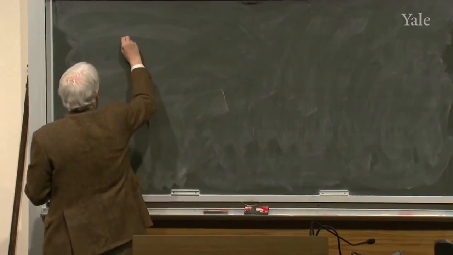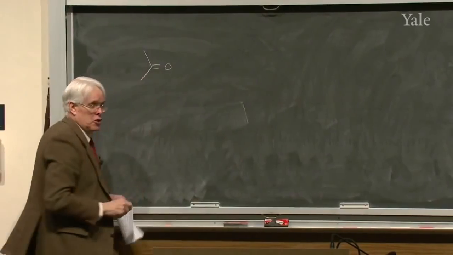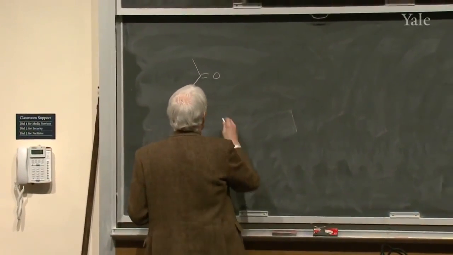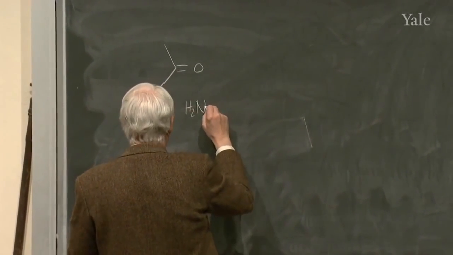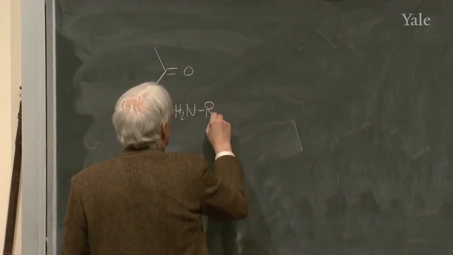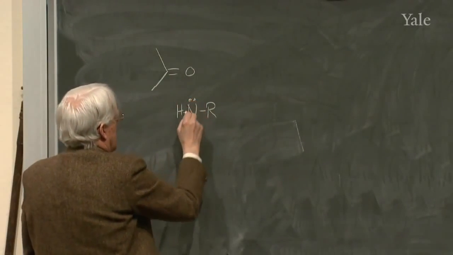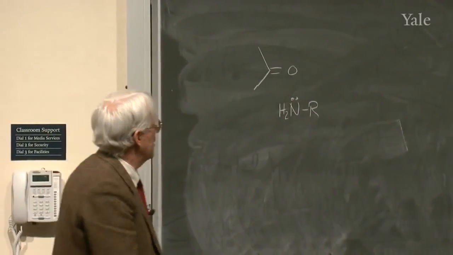Okay, so we have a carbonyl and we've been reacting it with alcohols or water, right? But let's consider reacting with an amine, which actually has certain similarity to water, of course. It's got the unshared pair and protons on the nitrogen, the way alcohol has protons on the oxygen.